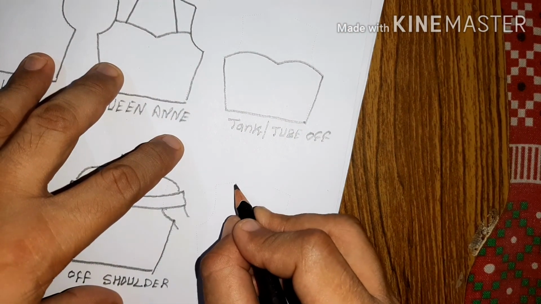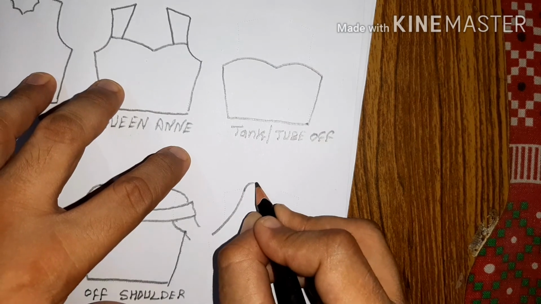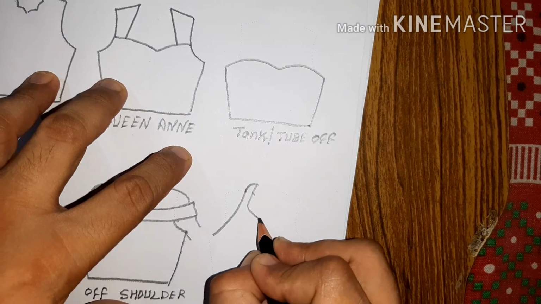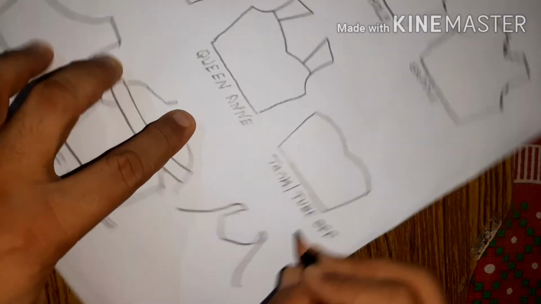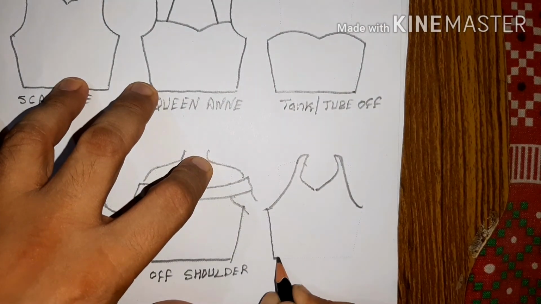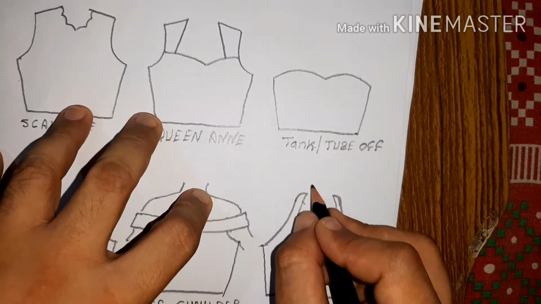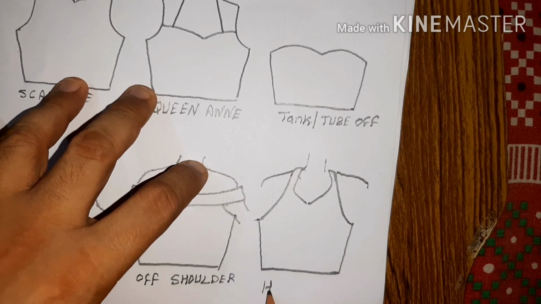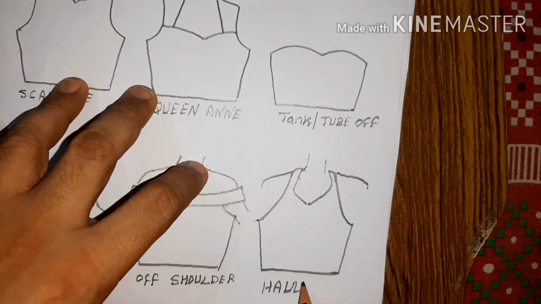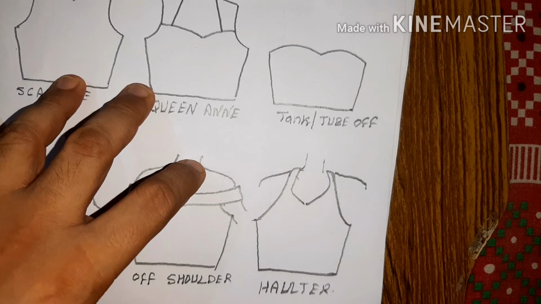And this is the halter neckline. Halter means it holds at the neck, it is tied at the neck, right? And that tie rests at the shoulder, collarbone, and goes up to the armholes. Halter neck.